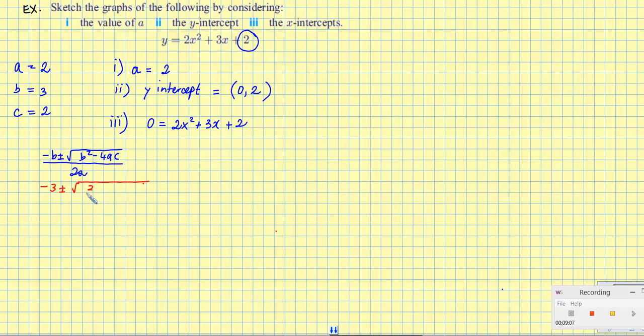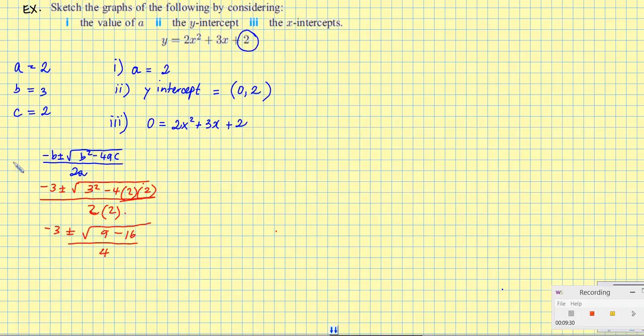It'll be 3 squared minus 4 times 2 times c, which is 2, and that's all divided by 2 times 2. And when I continue this, I get negative 3 plus or minus the square root of 9 minus 16, all divided by 4.